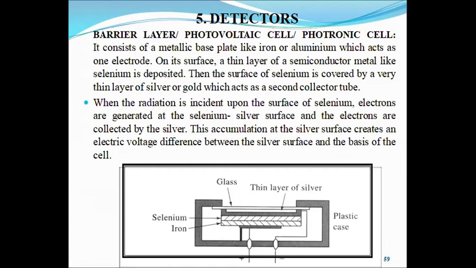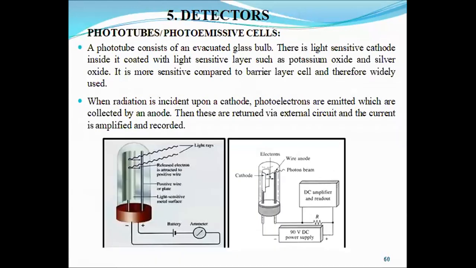When the radiation is incident upon the selenium, electrons are generated and are collected by the silver. This accumulation at the silver creates an electric voltage difference between the silver and the base plate. This is measured, and finally we get a signal. This is how the barrier layer detector works.